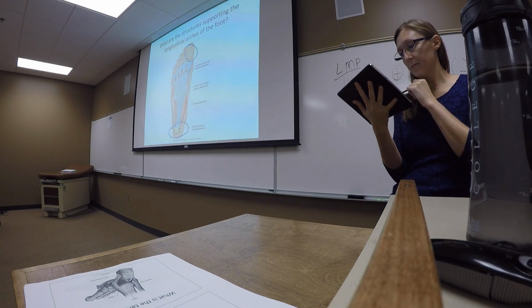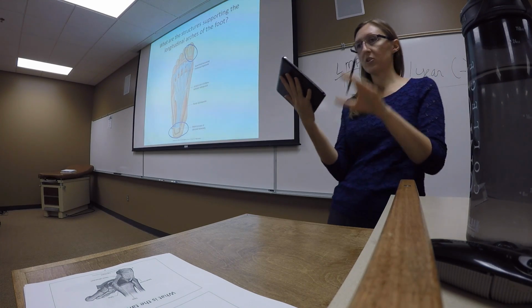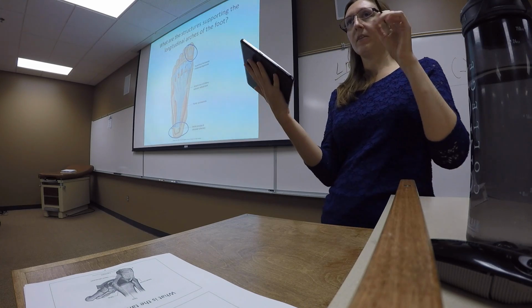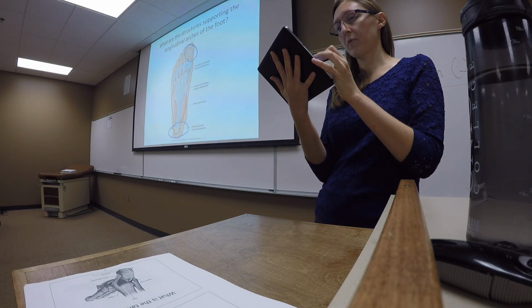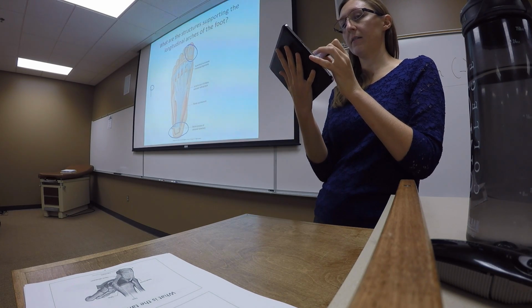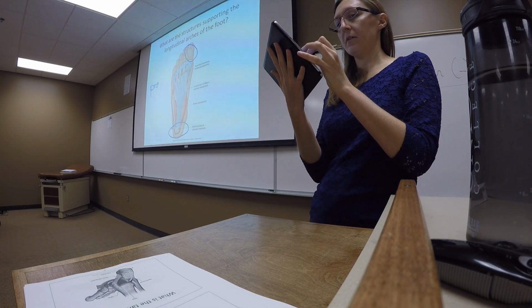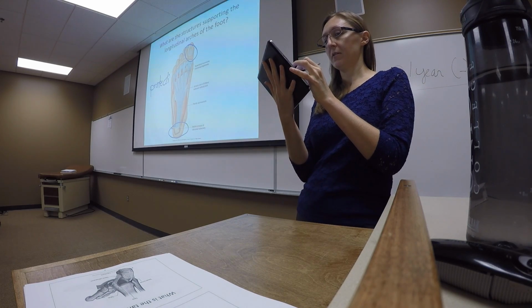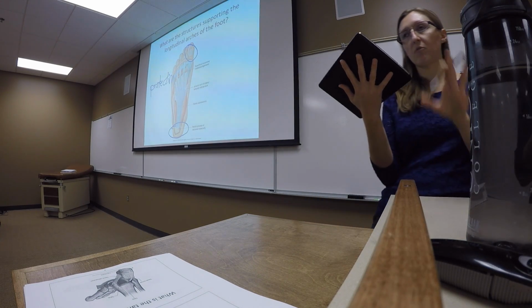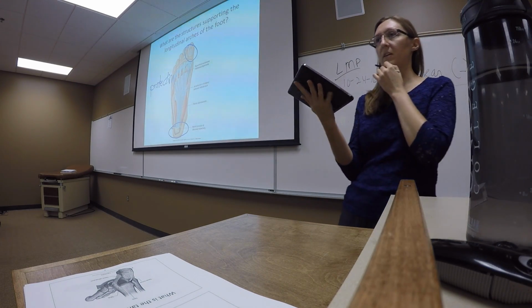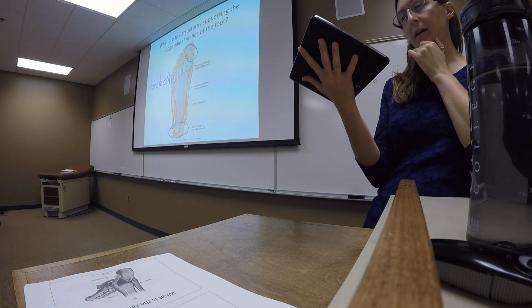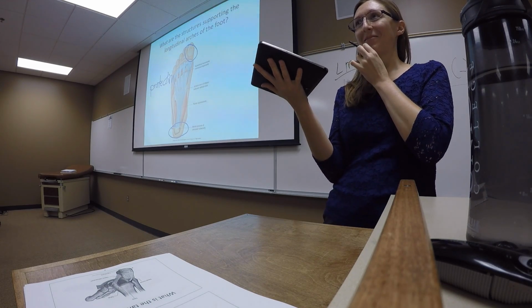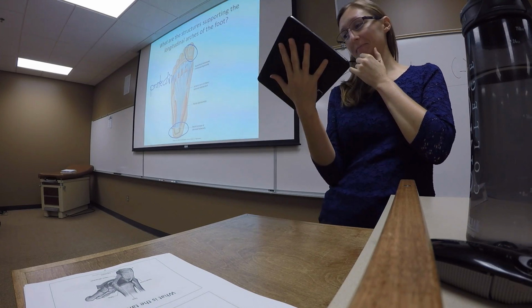And not only is this really important for that shock absorption, so this is kind of like the elastic band maintaining shock absorption, but this is also important for protecting the underlying regions of the foot. So it's really important for protection of all of those deeper muscles and nerves and vessels. When this becomes inflamed, that is plantar fasciitis.